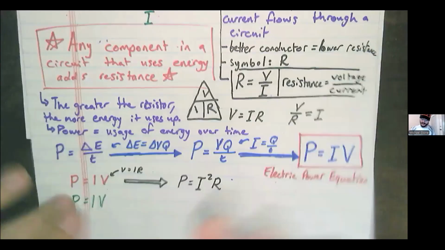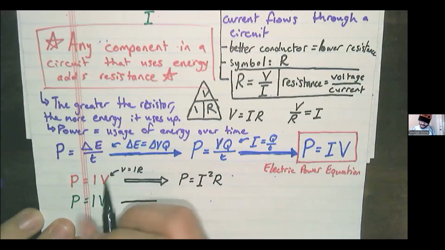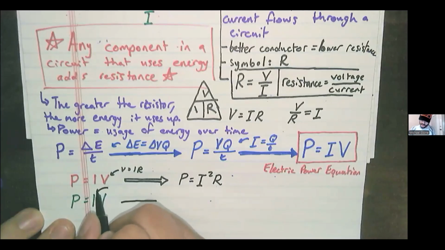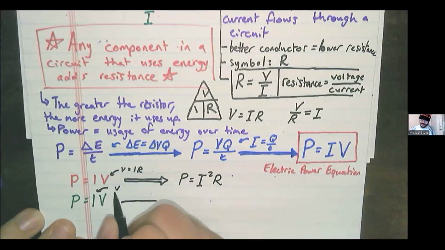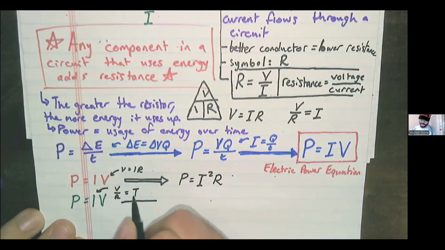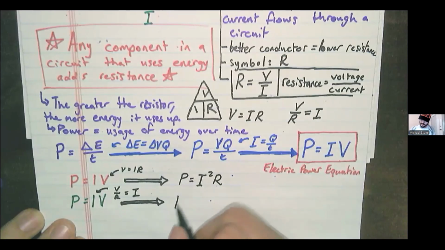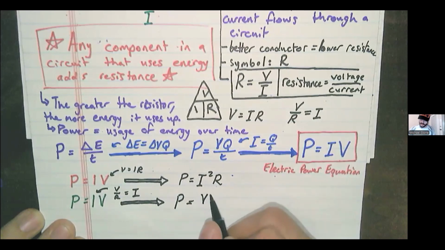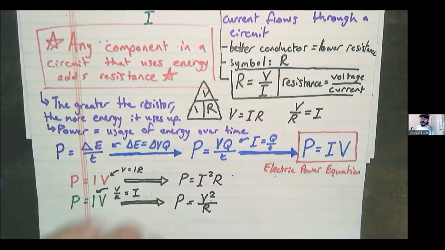Or you could one-shot it by substituting in that step. And power would then be equal to voltage times voltage over resistance.